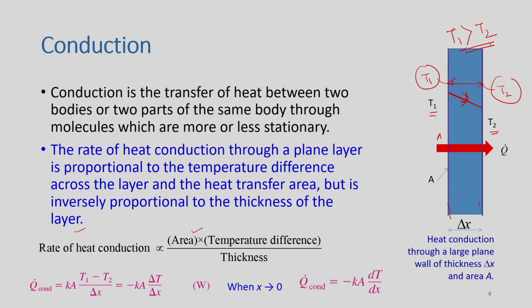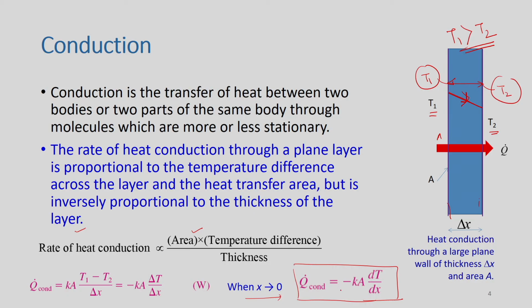Now, as you understand, we are most interested in the rate of heat transfer. So, the rate of heat transfer Q is equal to K A (T1 minus T2) divided by del x. Okay. So, minus K A del T by del x. If del x tends to 0, we can modify this expression like this.